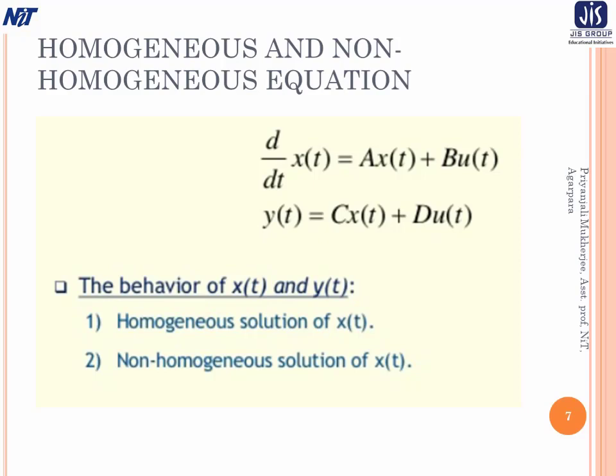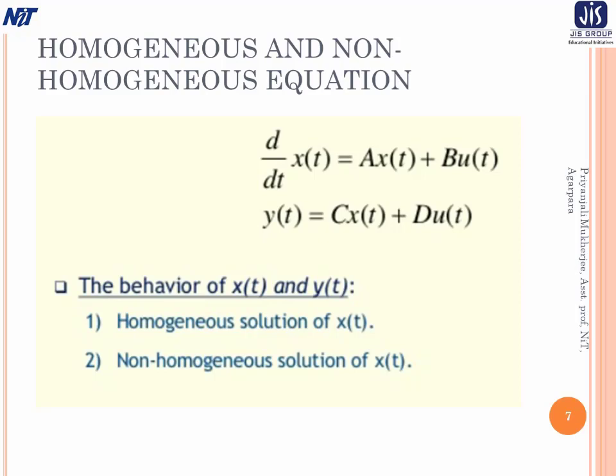So if we consider the total response, then this total response will be divided into two halves. One is the response where the input becomes 0, and another is the response where we are considering that the input is present but the initial state is equal to 0.